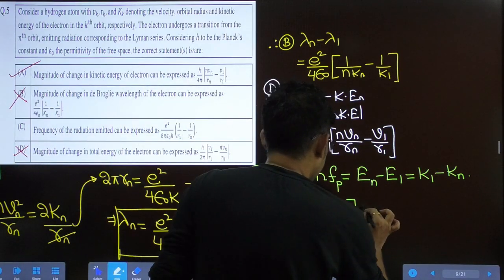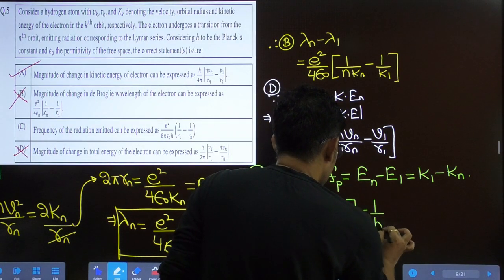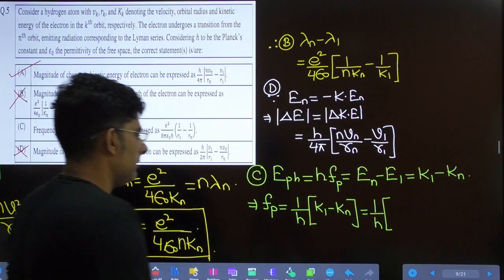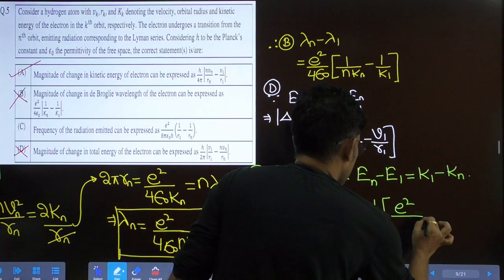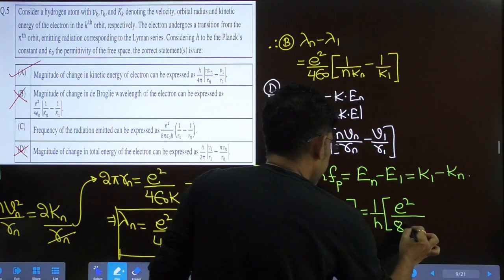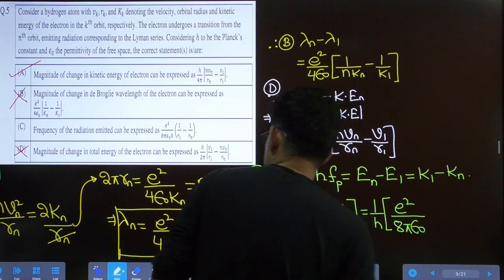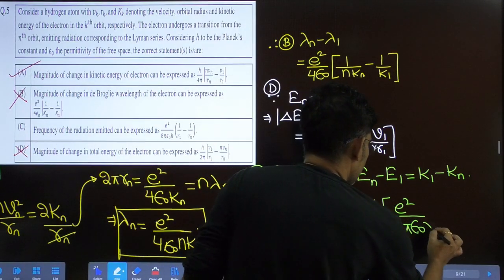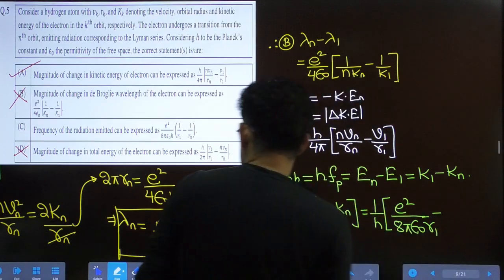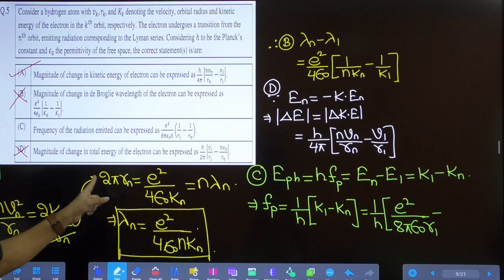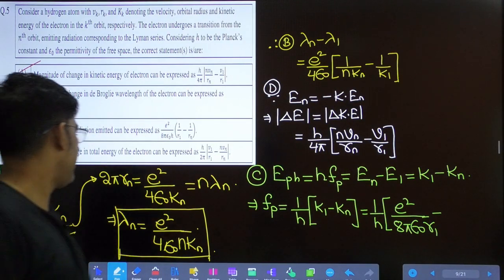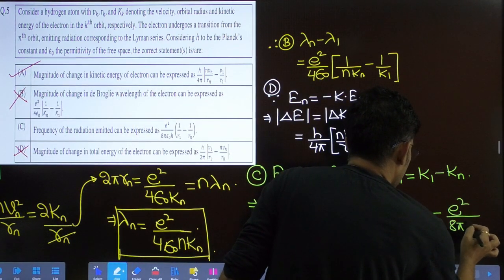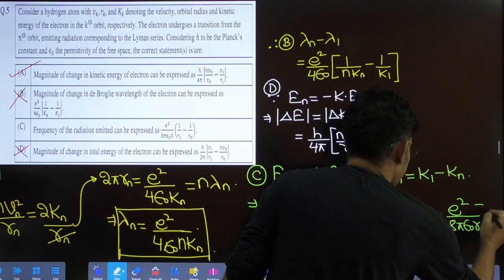So here I can take 1 by h common. K1, if I want to write K1, it will become e square by 8 pi epsilon naught R1. And similarly, for Kn, it will become e square by 8 pi epsilon naught Rn.